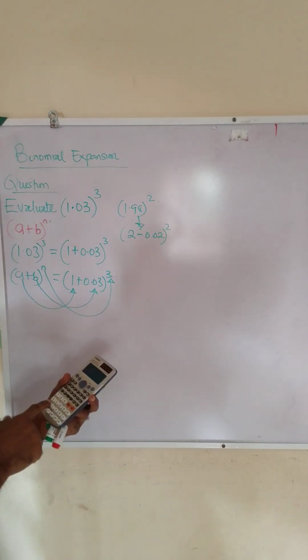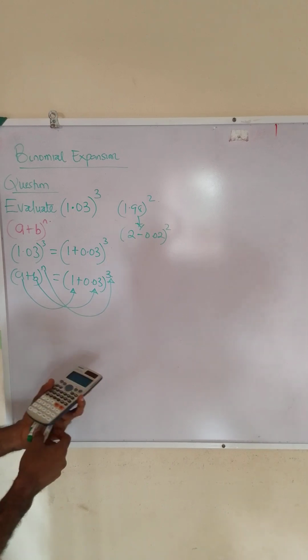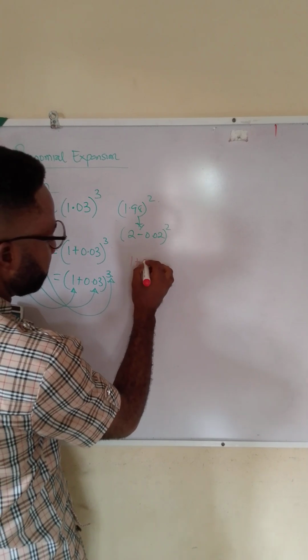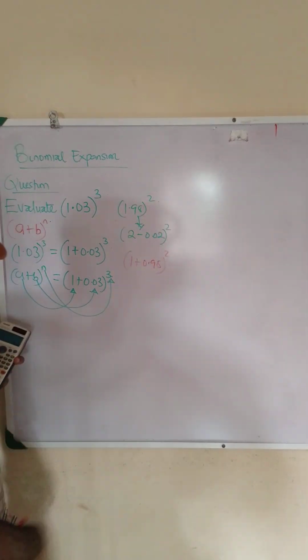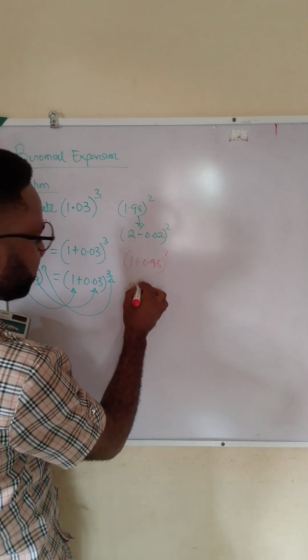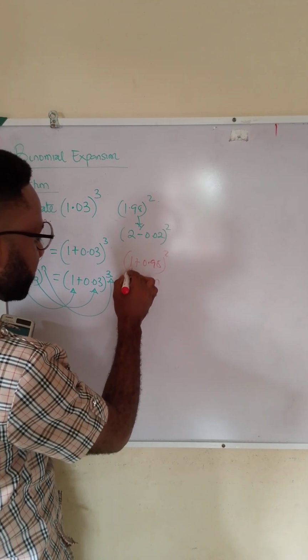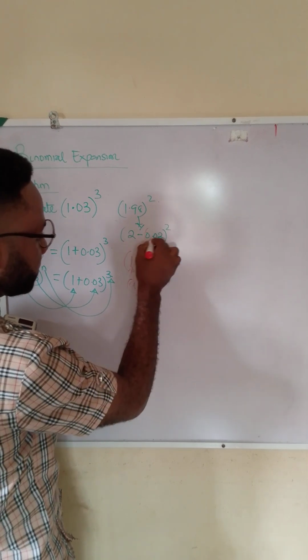Or you can also say 1 plus 0.98. If you don't want to do it this way, you can say 1 plus 0.98 all raised to power 2 will still give you this. So the idea is you are able to convert the decimal into this form such that your a is this, your b is this, and your n is this. The same thing applies here.